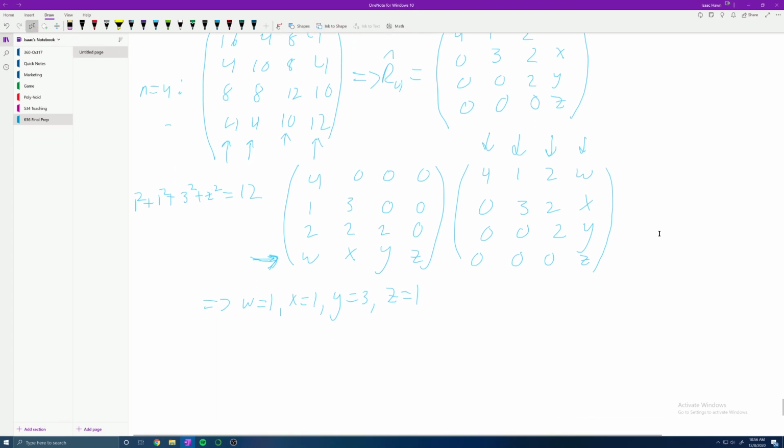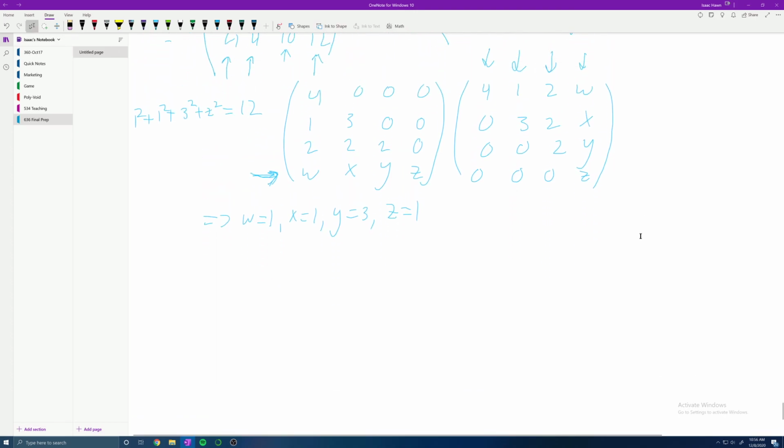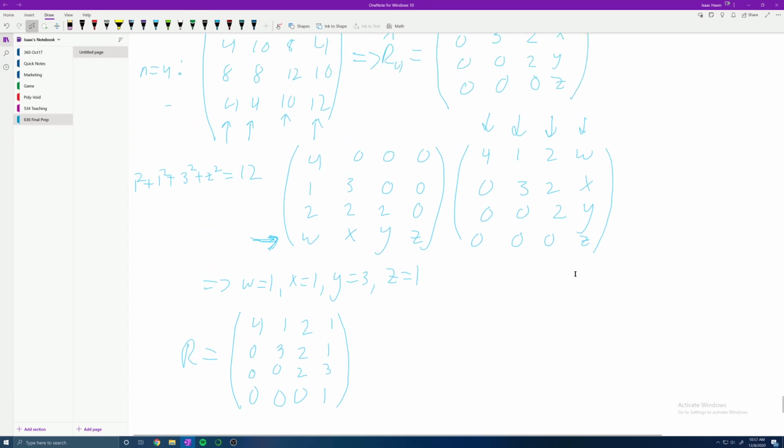All right. Good. So let's write this again. Well, let's write it R this time since that's what it is. 4, 0, 0, 0, 1, 3, 0, 0, 2, 2, 2, 0, 1, 1, 3, 1 for our Cholesky factor. And notice that that's the same exact thing that we got up here.